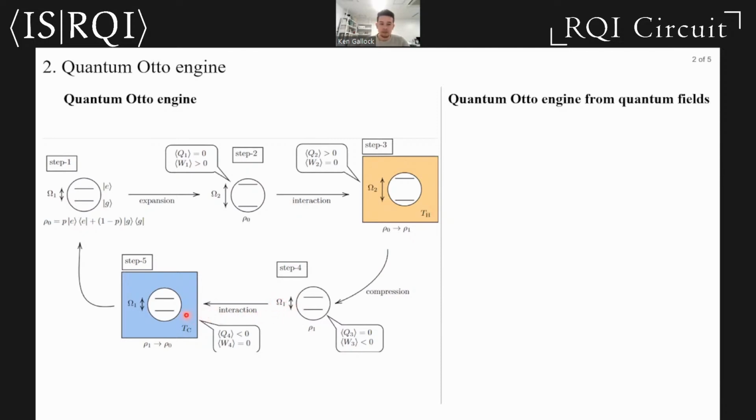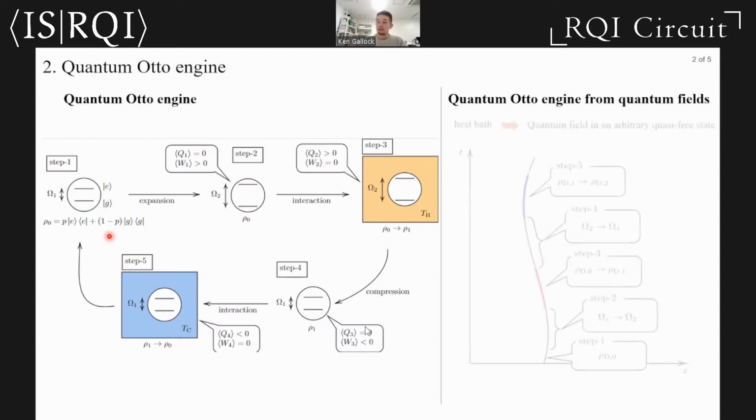Then you immerse the qubit into the colder heat bath so that the qubit releases heat into the thermal bath until the qubit state becomes the initial state, something like this. People show that from this process, you can actually extract positive work.